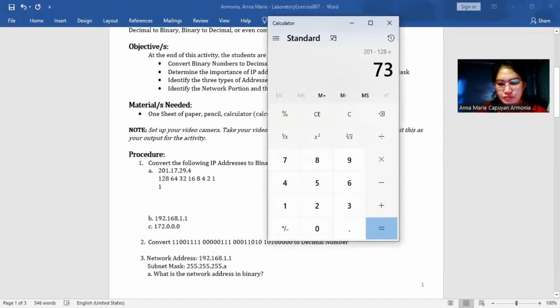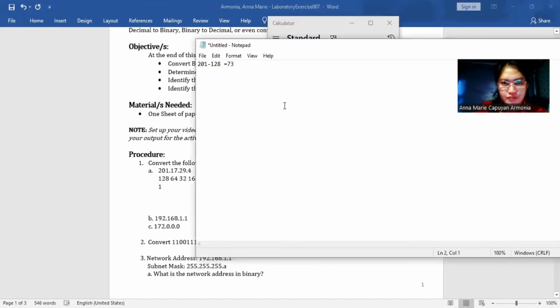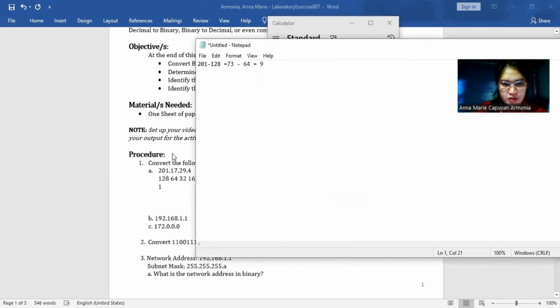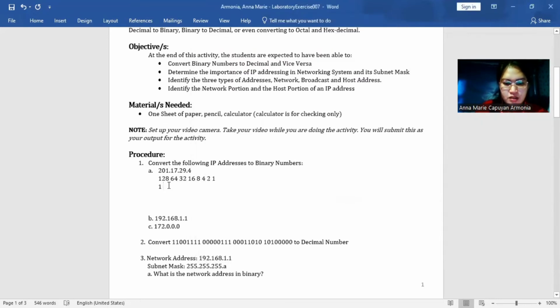What's next? So 73. It's just 73 minus 64, meaning it can be deducted as well. So we will place again 1 here.